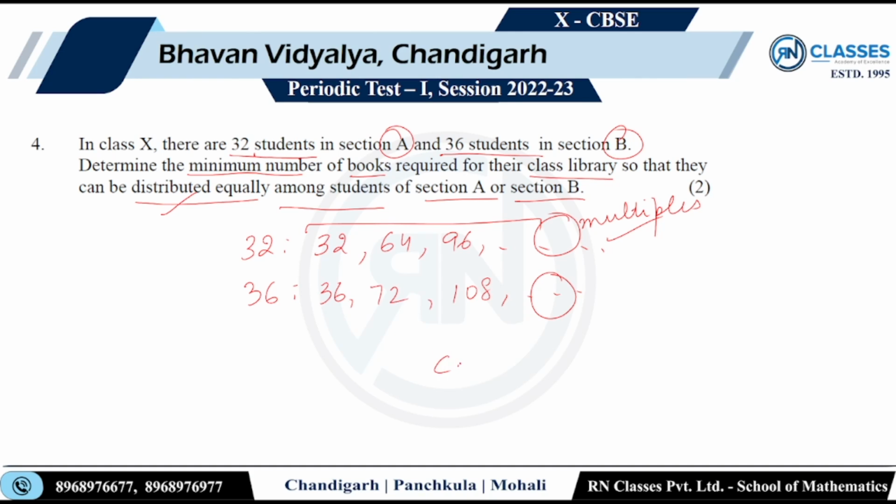So I'm looking for the common multiple. And he says the minimum number of books. That means I'm looking for the lowest common multiple of 32 and 36. And I'm sure you can easily find it out. And this actually turns out to be 288. 288 can be equally divided among students of section A and section B. All right, moving on.